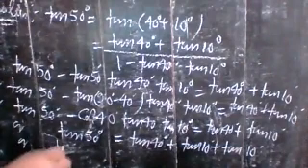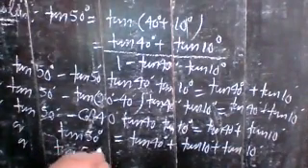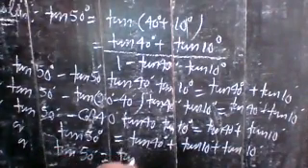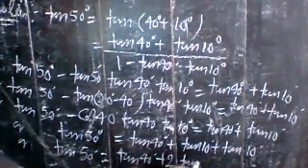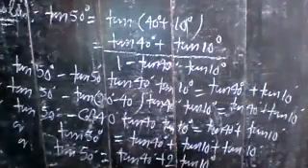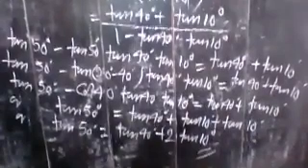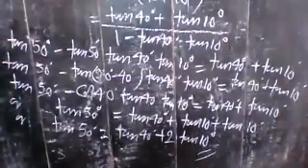Or you can write tan 50 degree is equal to tan 40 degree plus 2 times tan 10 degree. So in this way, your result is proved.